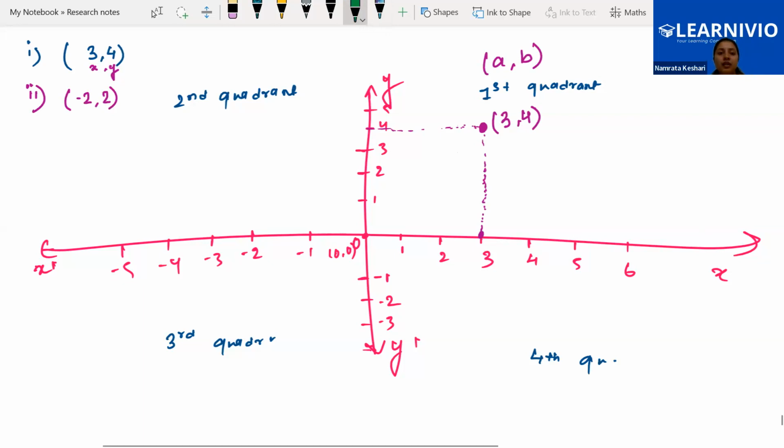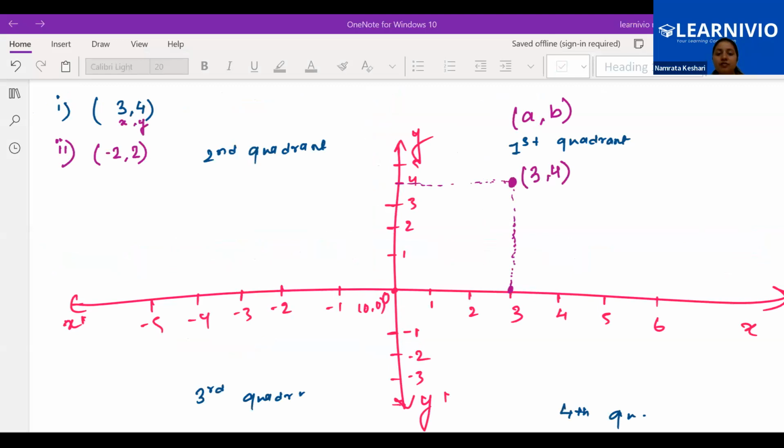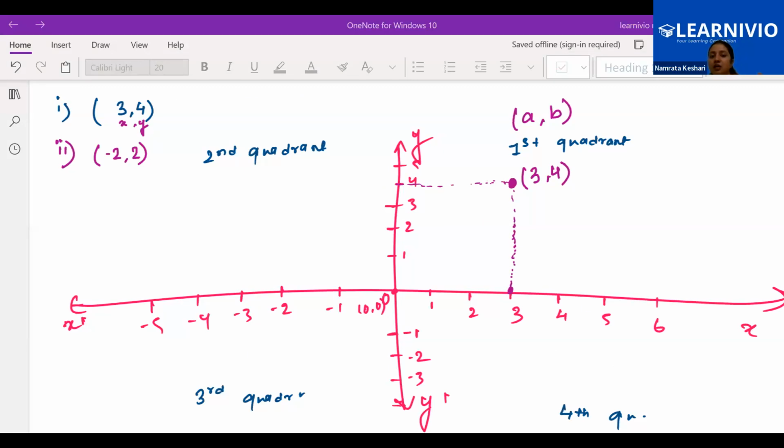One by one, because everyone is giving responses. Arhan, first, second, third, or fourth? Second. Okay, Bharti? Second. Hanan? Fourth.